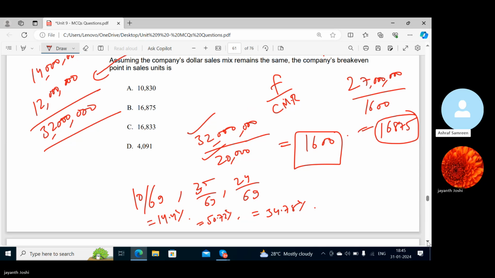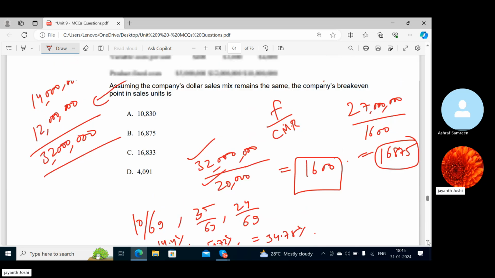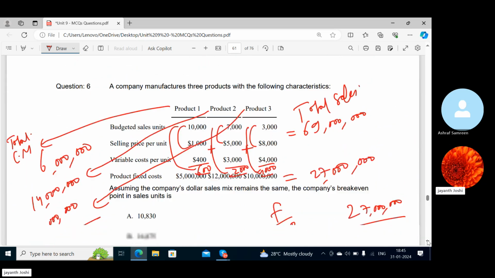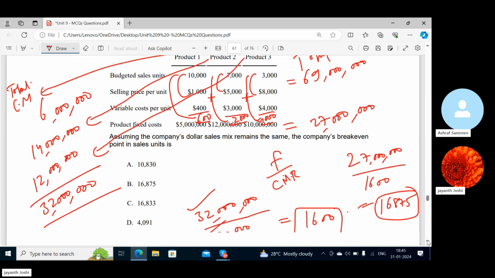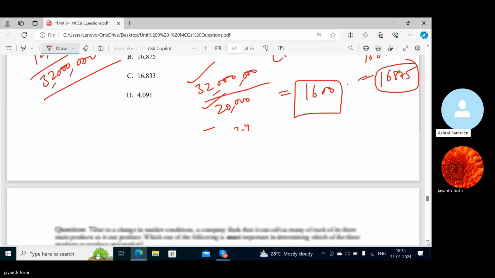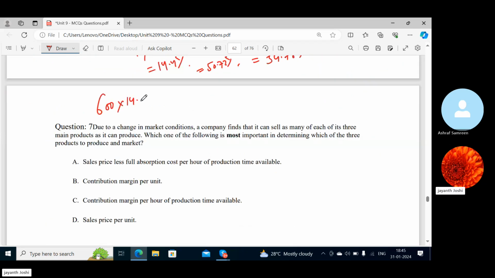So how are we going to find out the weighted unit contribution margin? We're going to take the contribution of each and every product. 600 into 14.4% plus what is the contribution of the second one? 5,000 minus 2,000, into 50.72% plus 4,000 into 34.78%.